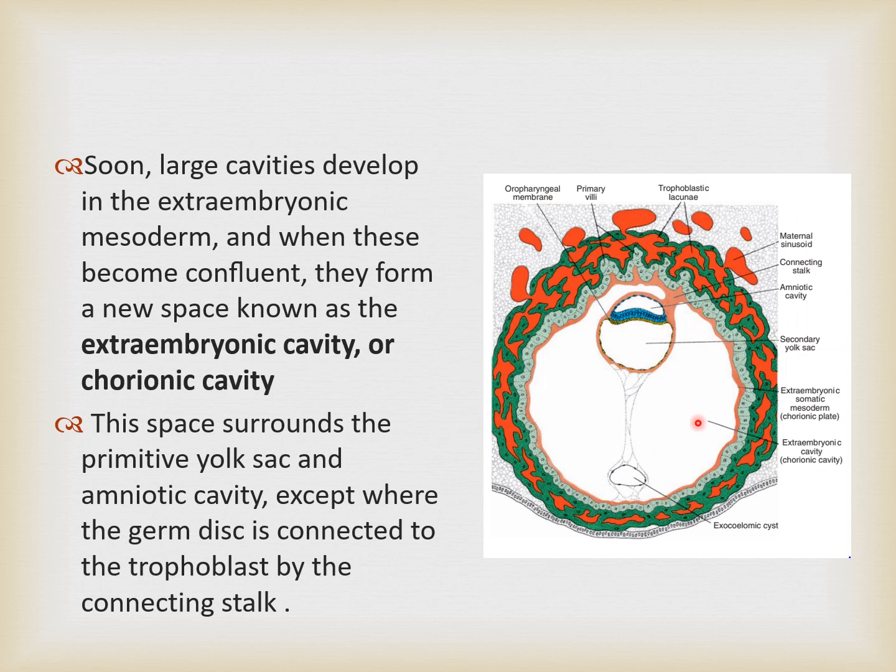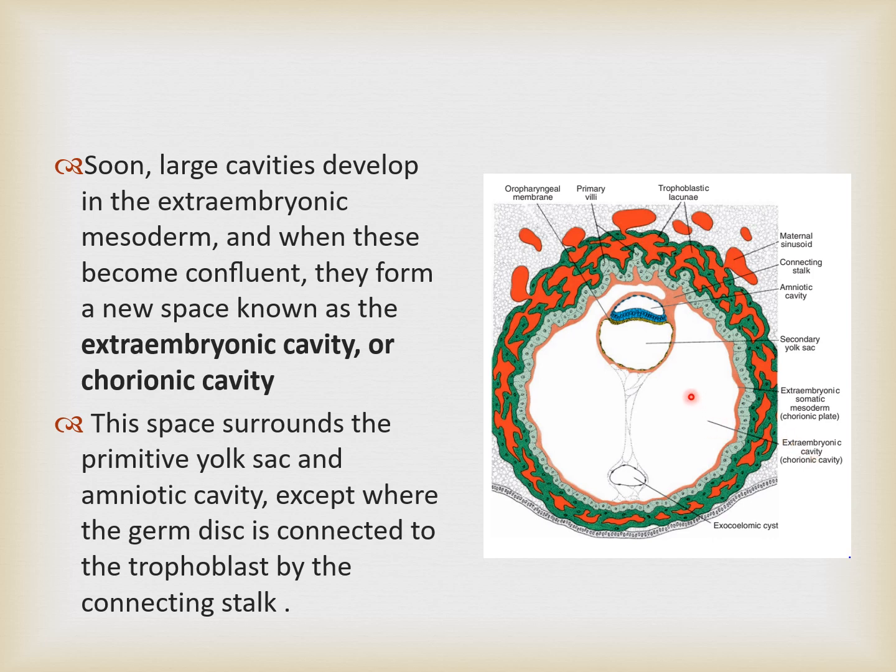Now here you can see that the extraembryonic mesoderm has enlarged and formed a cavity, which is the extraembryonic cavity. The extraembryonic cavity is also known as the chorionic cavity.